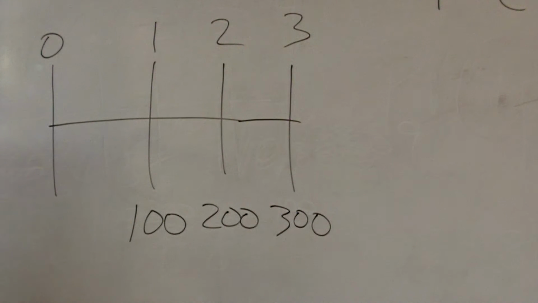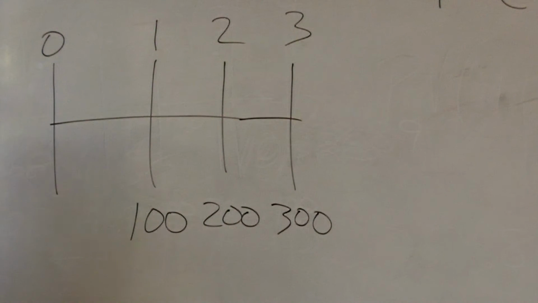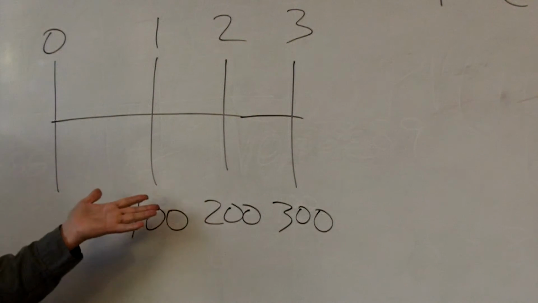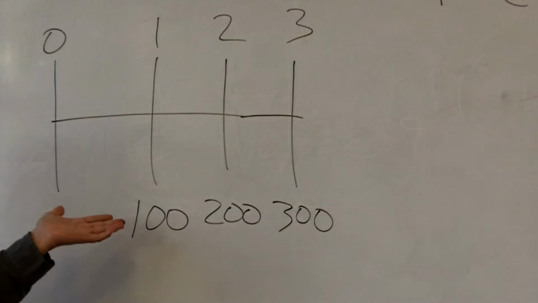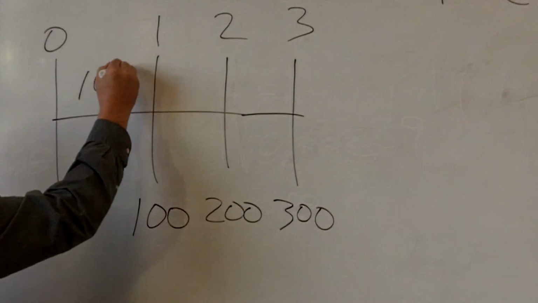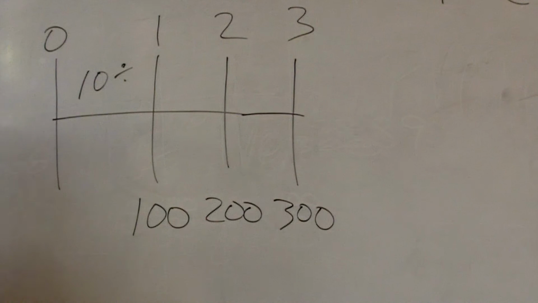And let's suppose you have other investment opportunities that are of similar risk that will pay you 10%. And so you need, for this investment, to pay you 10% return as well. So we're going to put 10% here. That's our required rate of return.